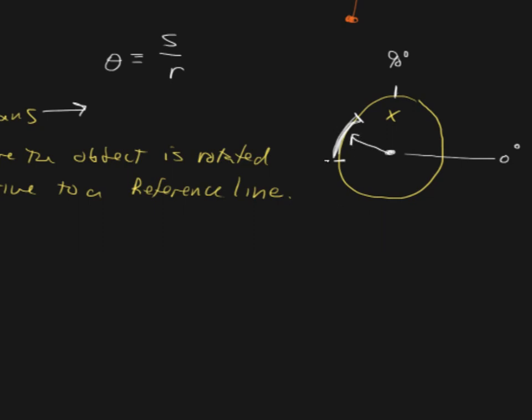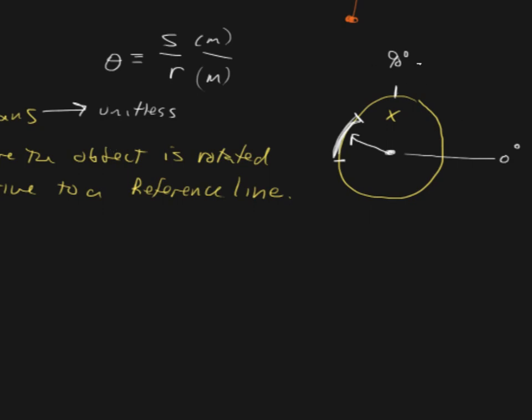So this is the arc length S. Well, the reason we use radians in physics is because S, the arc length, is going to be measured in meters, and the radius of the circle is also measured in meters, and meters divided by meters is just 1. So radian measure is important because it's unitless. Even though we refer to it as radians, it's not actually a unit, and so we don't have to pay attention to that complicating factor.